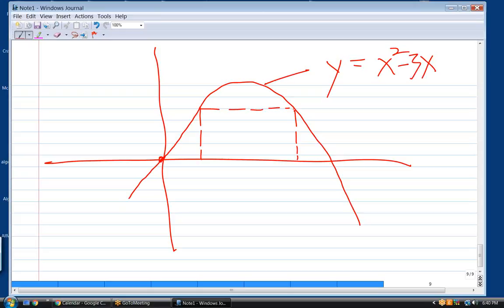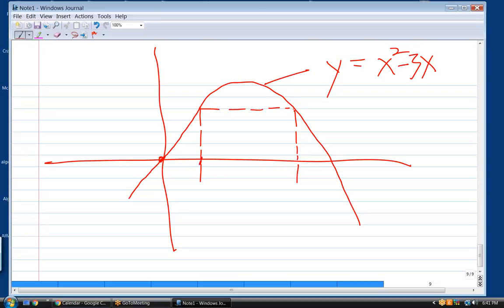Well, now the area of my rectangle is still base times height, but base, that dimension right there, how do I find out what that is? Is it x?